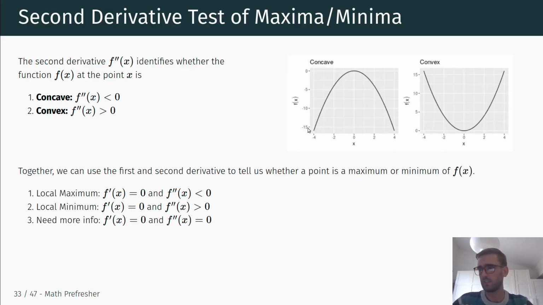And so to give you an idea what concave and convex ultimately mean, it's helpful to go through the logic, remembering that the first derivative shows the slope of the function, right? And the second derivative is ultimately the slope of the first derivative at any point of x, right?